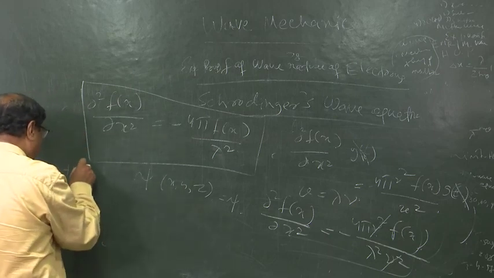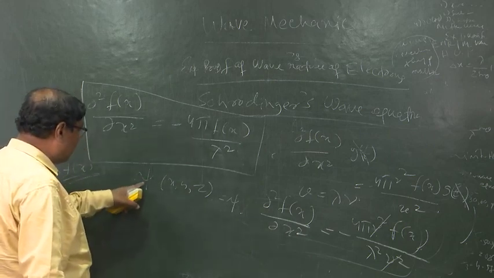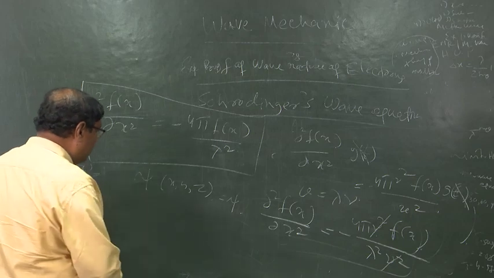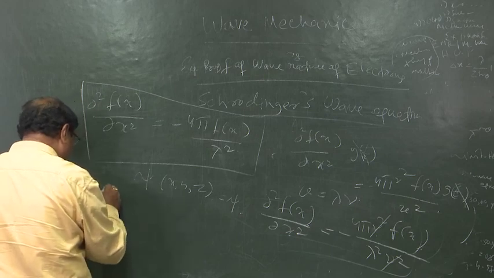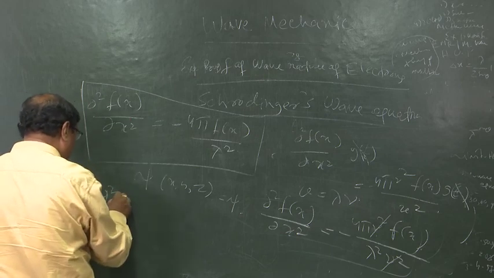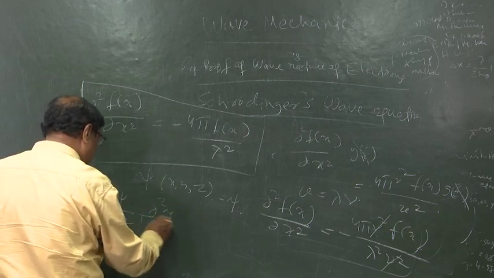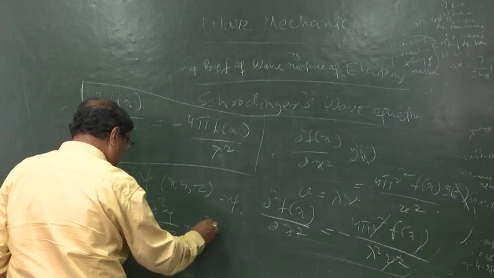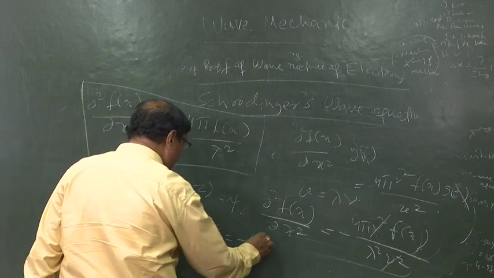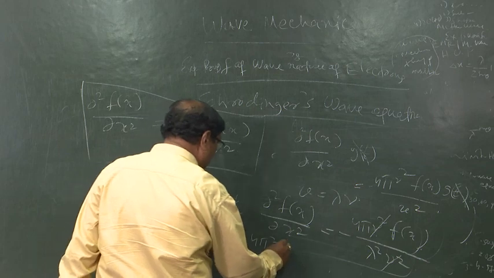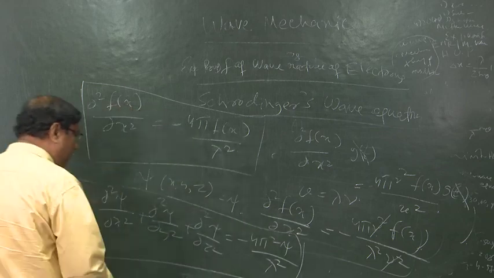So for 3 coordinates the similar equation is d²psi/dx² plus d²psi/dy² plus d²psi/dz² equal to minus 4π² psi by λ². So this is the equation for 3 coordinates.